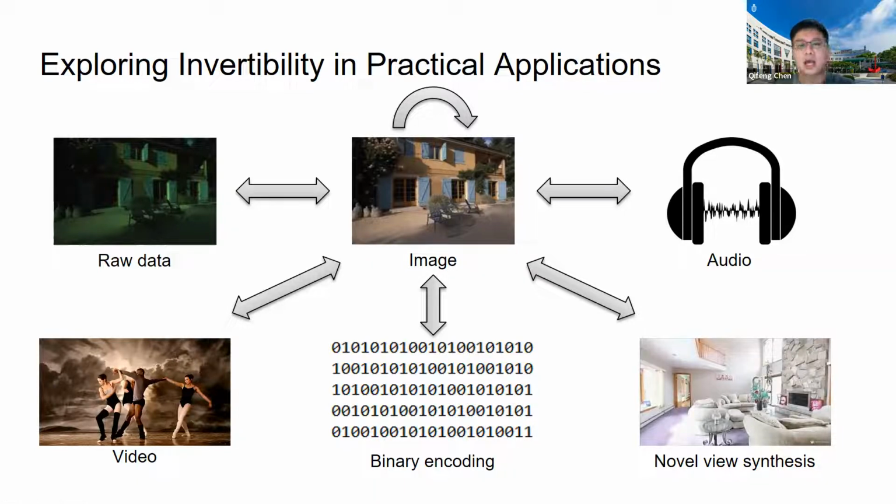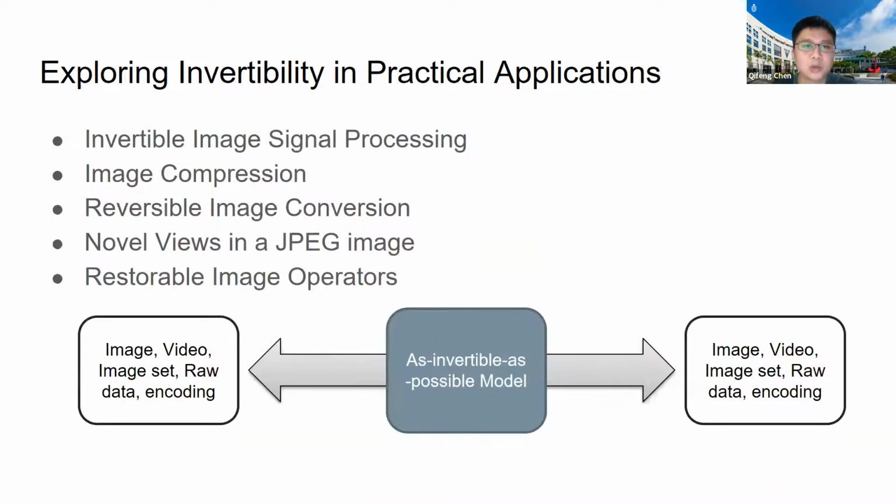And we see how this kind of model can achieve different types of functionality and even improve some very challenging tasks like image compression. So I will cover 5 applications in this talk, and all of these models will follow a similar principle where we want to design an as invertible as possible model.